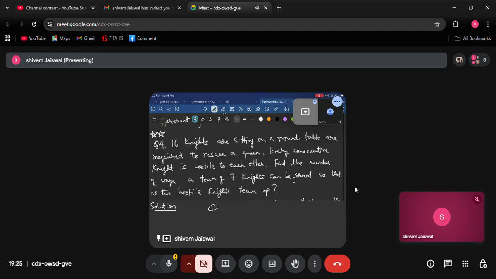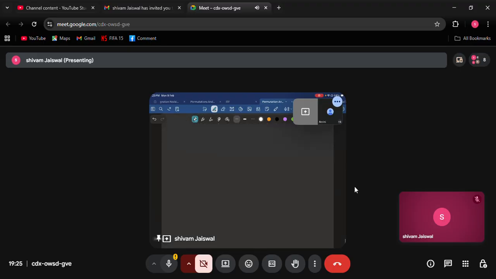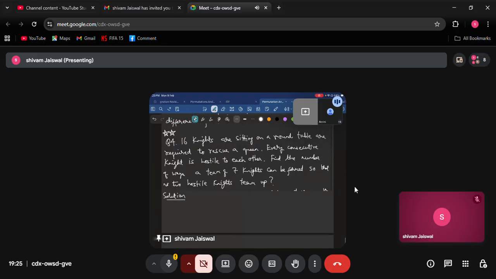Next. So what you do is, over here, we have to choose the knights from the gaps, right? So write it down. This is the gap method for circles. Okay, everyone. The gap method for circular arrangement.